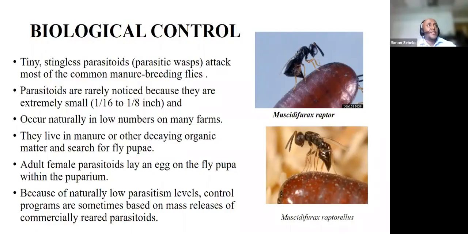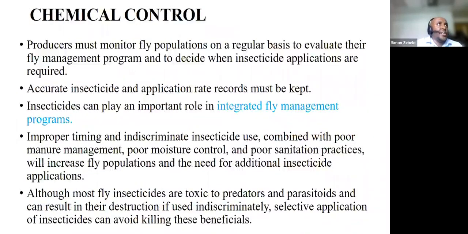So the last resort of control measures is chemical control. Producers must monitor the fly population on a regular basis in order to evaluate, like what we mentioned before, we have to have a sticky trap or jug bait trap, or this ribbon sticky trap, or different types of monitoring systems.